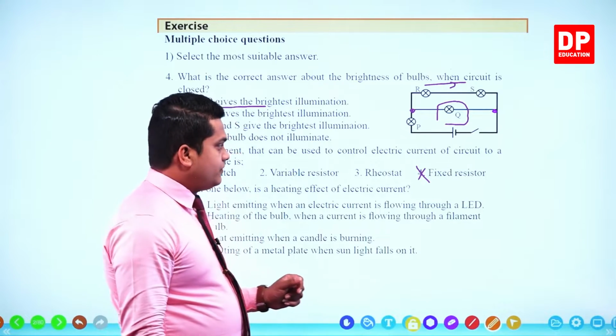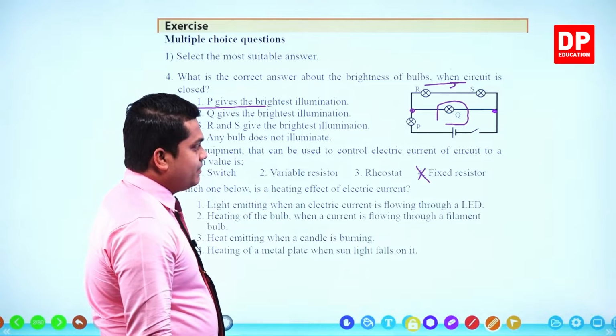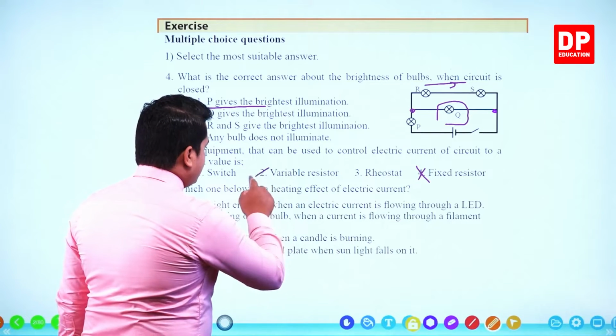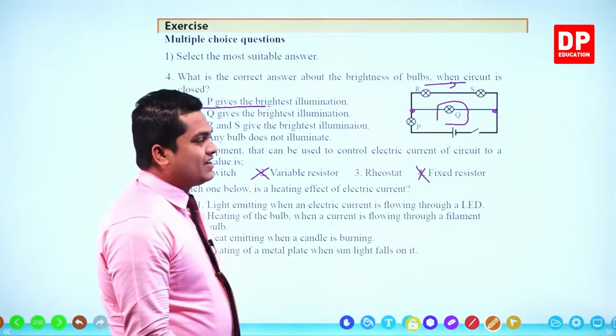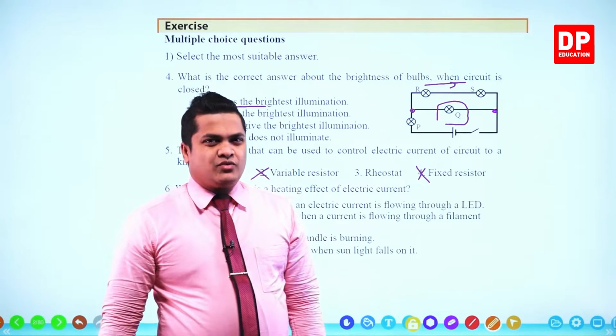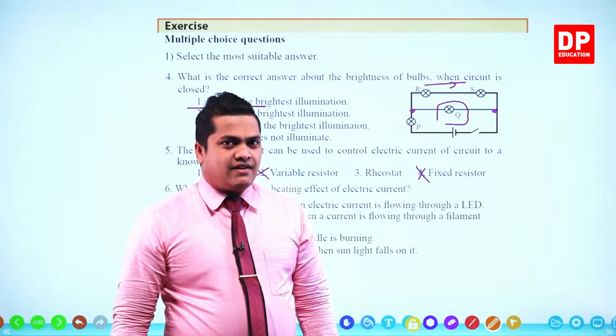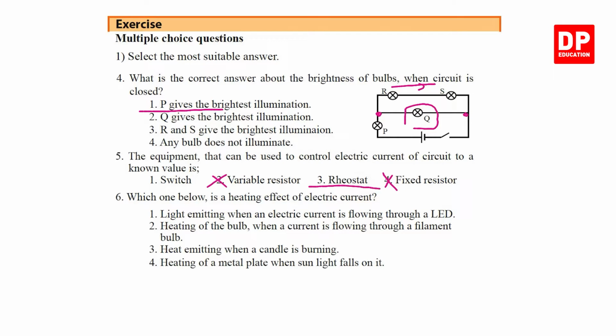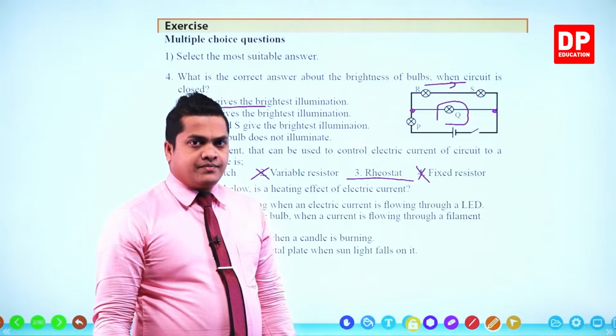So therefore, we can't use a permanent or fixed value resistor. A variable resistor is also the same. Like a volume controller, we can't set it to an exact value. The correct answer is the rheostat. Switches, we can do only turning on and off, that's it.